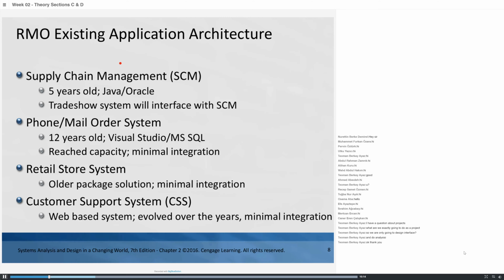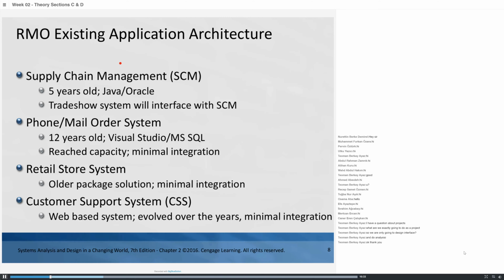Currently, it supports inventory control, purchasing, distribution, and other things. The new trade show system will be the interface of this system.